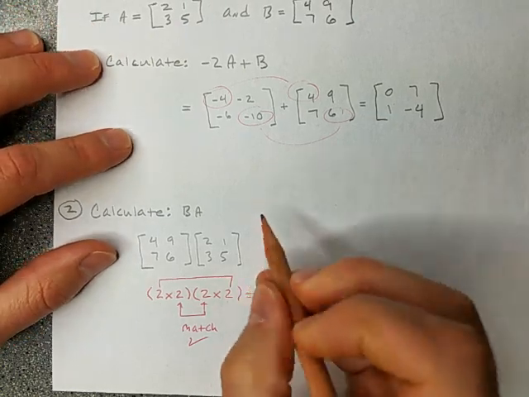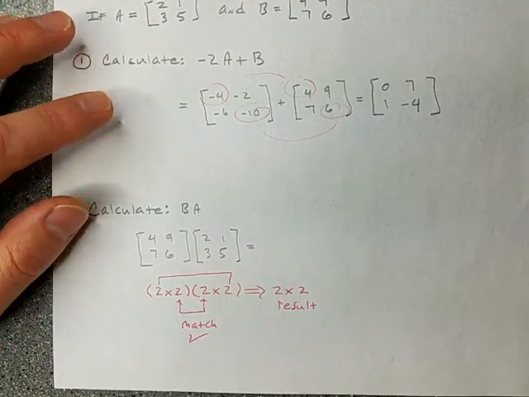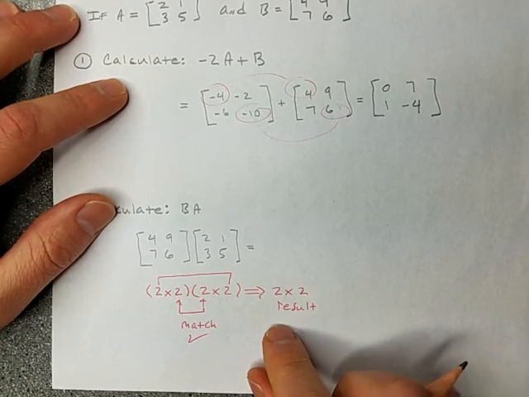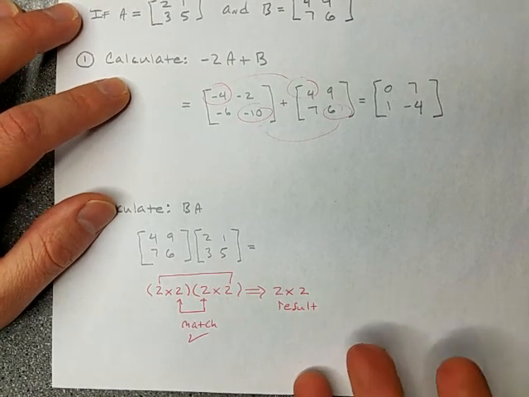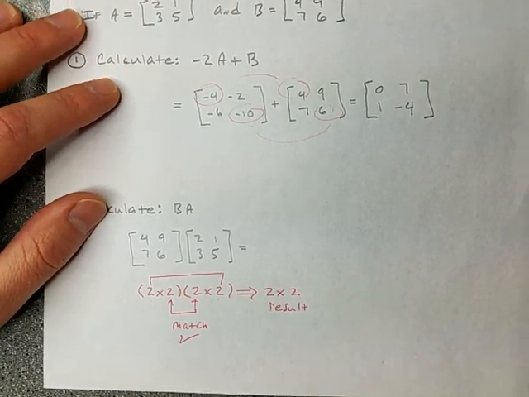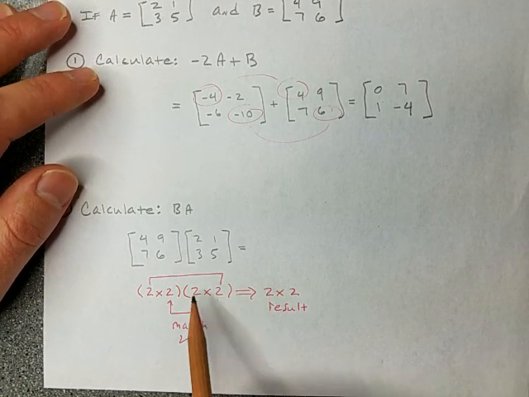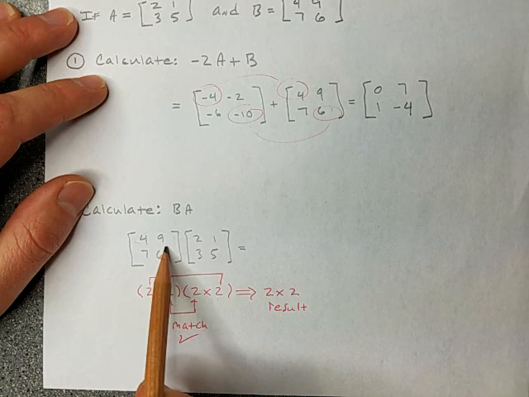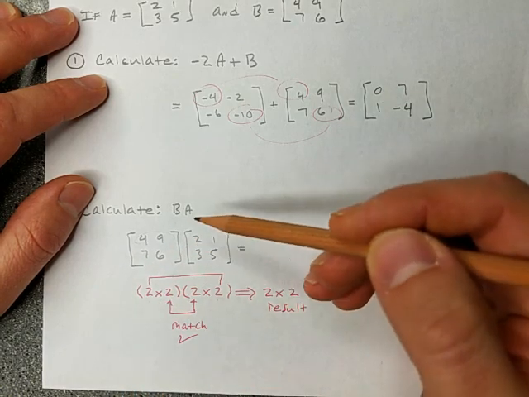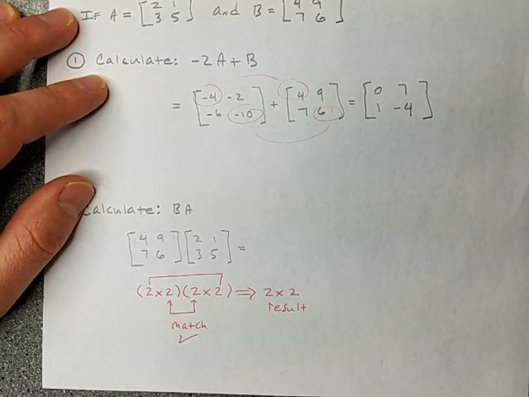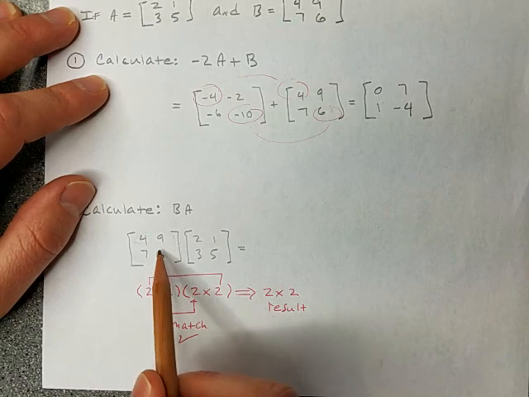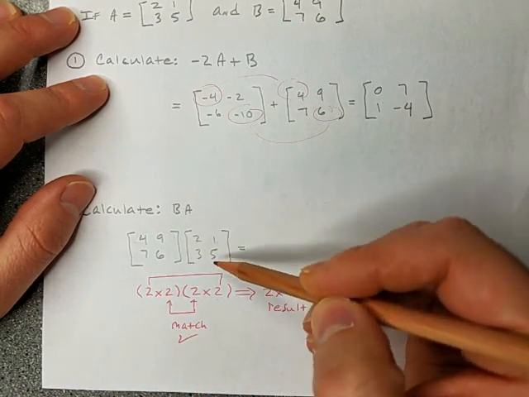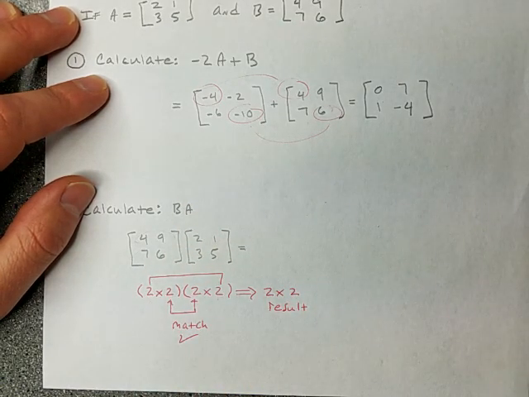So now that we know it's doable, and now that we know what our answer is going to be like, how do we do it? Well, generally, when we multiply matrices, we take the rows of this one times the columns of this one. All right.